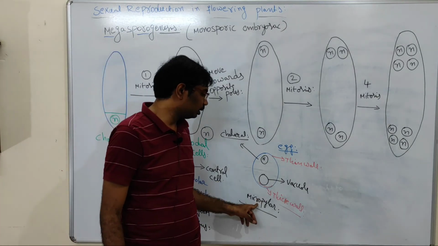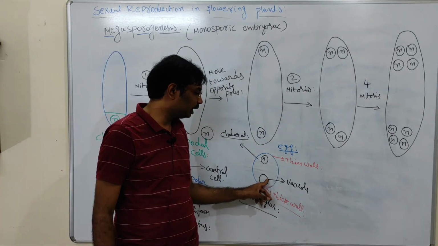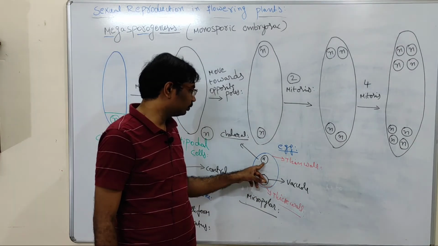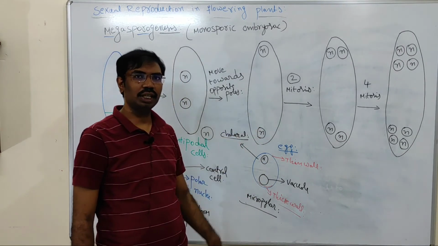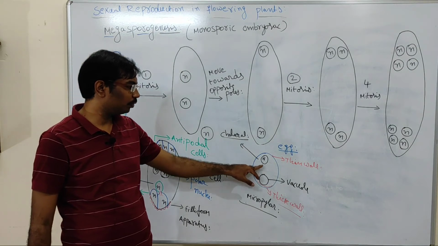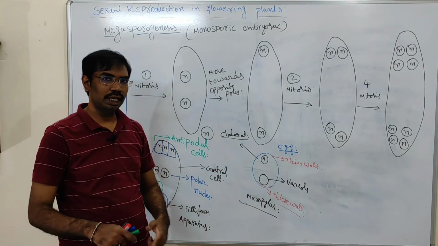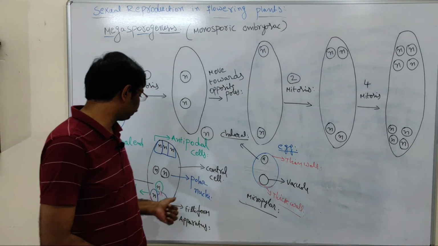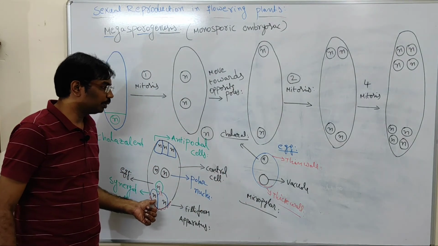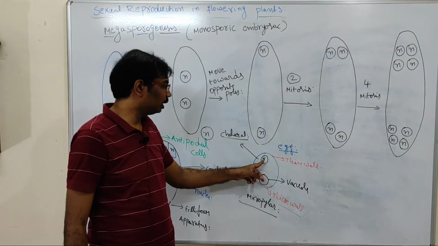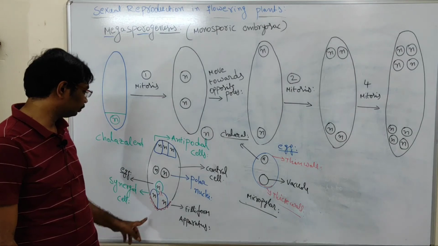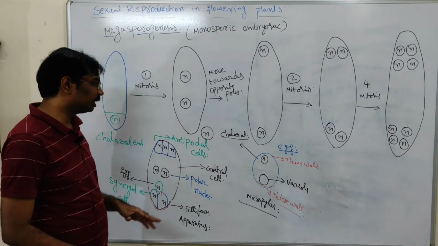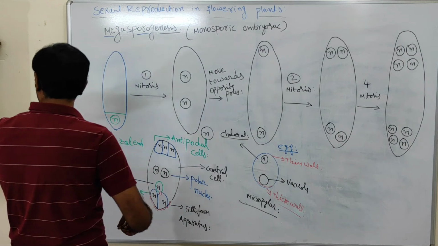So this is the arrangement of the nucleus and the vacuole, and this arrangement is opposite to that of the synergids.